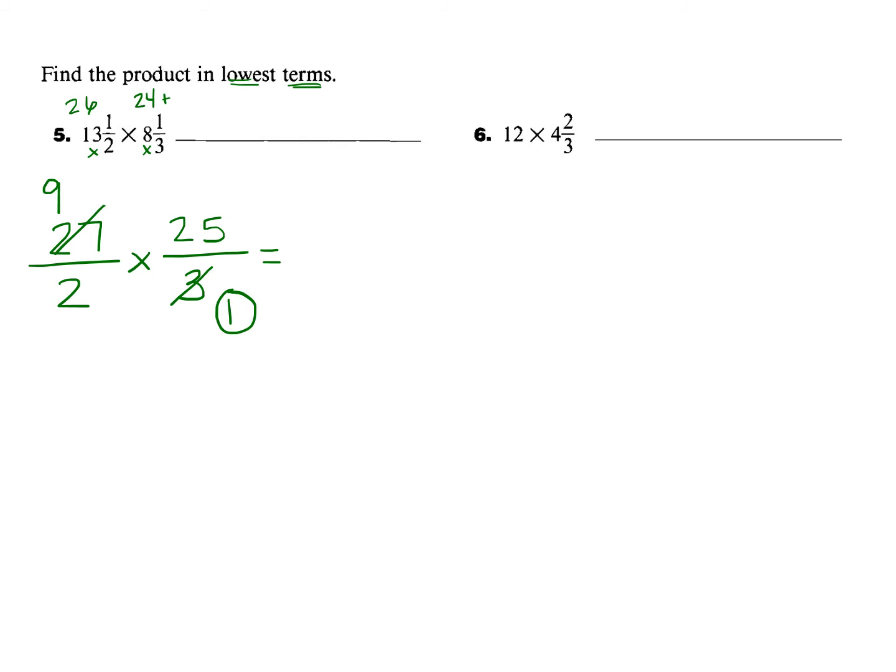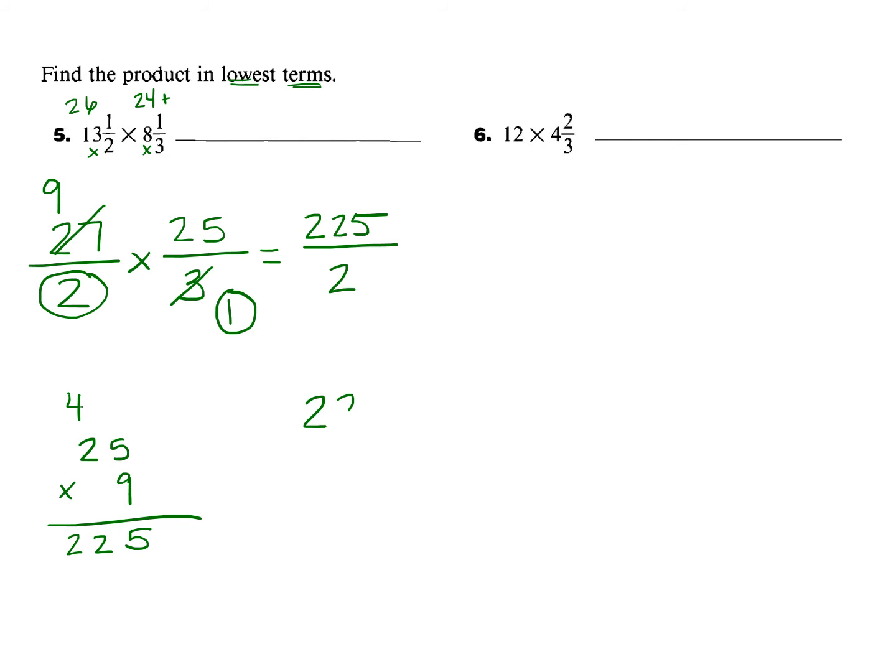Now I have to multiply. 25 times 9. 5 times 9 equals 45. 9 times 2 equals 18, 19, 20, 21, 22. So I have 225 as my numerator. 2 times 1 equals 2.